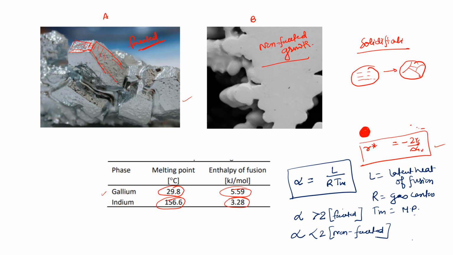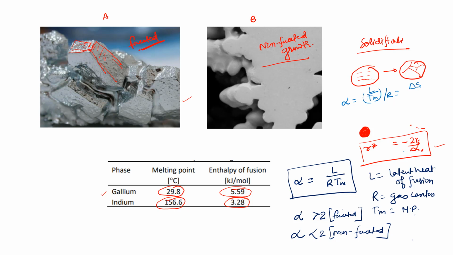What is the physical significance of this alpha? See here that alpha can be written as L by Tm divided by R. L by Tm, that is delta H by Tm, gives entropy.